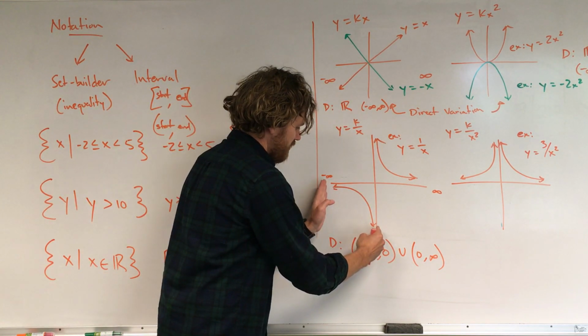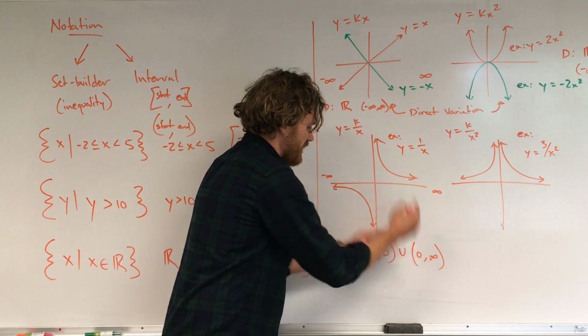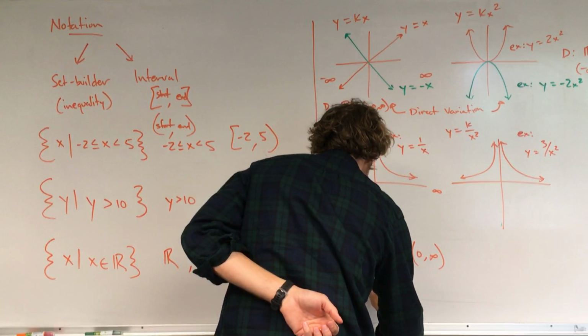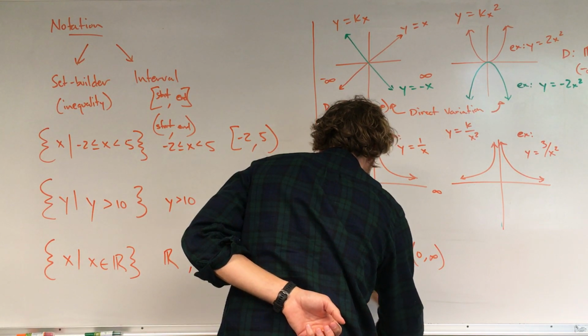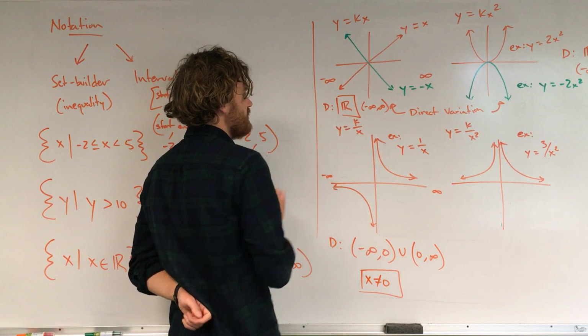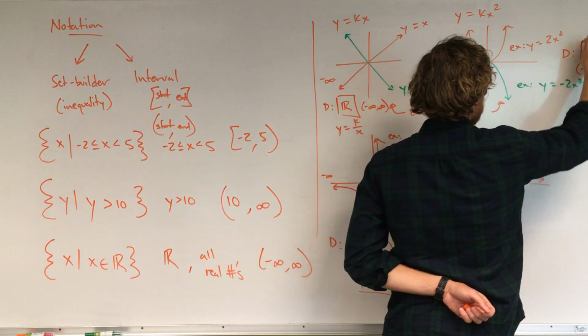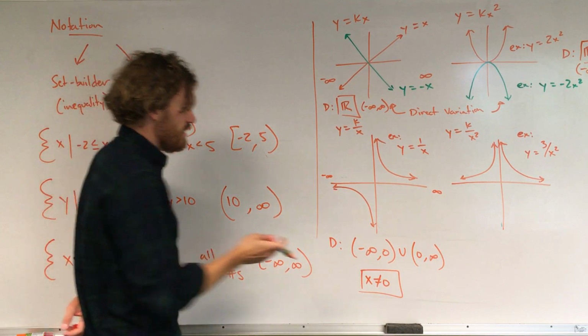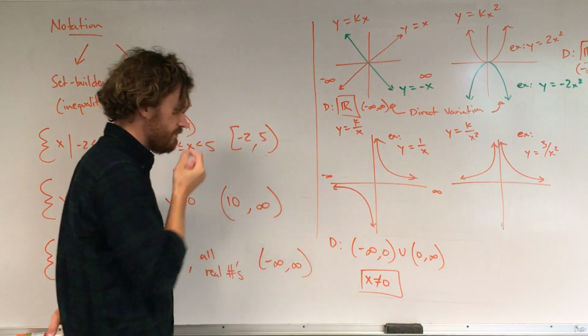Negative infinity to 0, then 0 to infinity, but not including 0. But the way I would like to write it is just simply x does not equal 0. That's my preference, all real numbers, and that's just because it's a little bit more succinct. But this is a great way to write it as well.